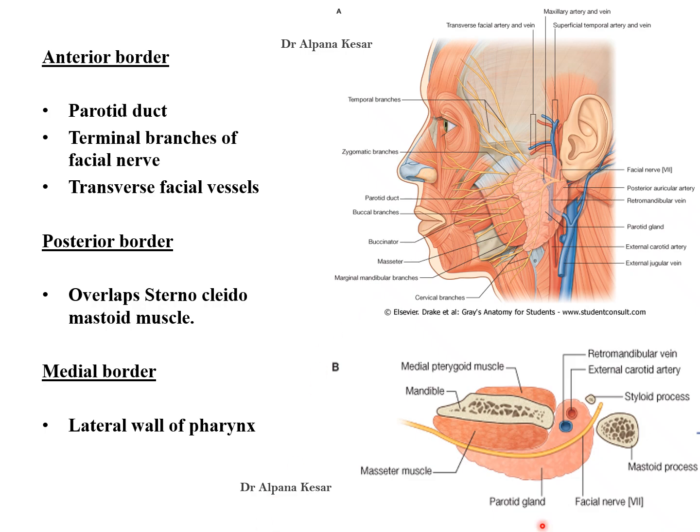Posterior border overlaps the sternocleidomastoid muscle. The medial border is related to the lateral wall of pharynx.